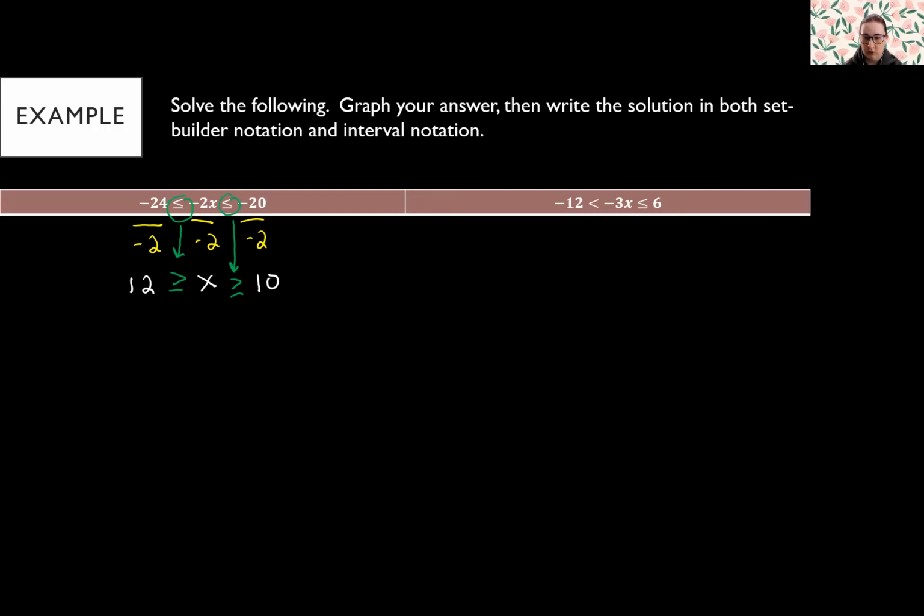Now, when you solve and you get your variable in the middle, we want the smaller number on the left, larger number on the right. And in this case, we have it opposite. The bigger number is on the left and the smaller is on the right. To fix that, you do a mirror image. So when we do this mirror image, the 10 and the 12 are going to swap directions, but then because we're doing a mirror image, our symbols are going to swap directions again.